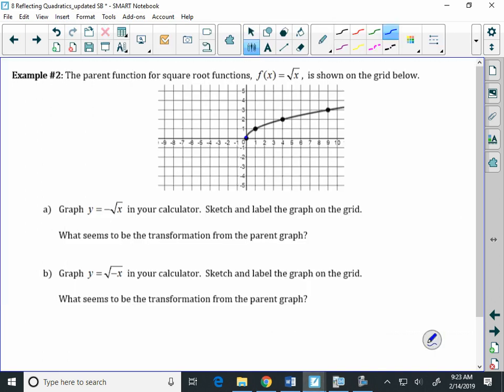In other words, this point at the origin stays the same. The (1, 1) becomes (1, -1). The (4, 2) becomes (4, -2). The (9, 3) becomes (9, -3). And this is the graph of y equals negative the square root of x.